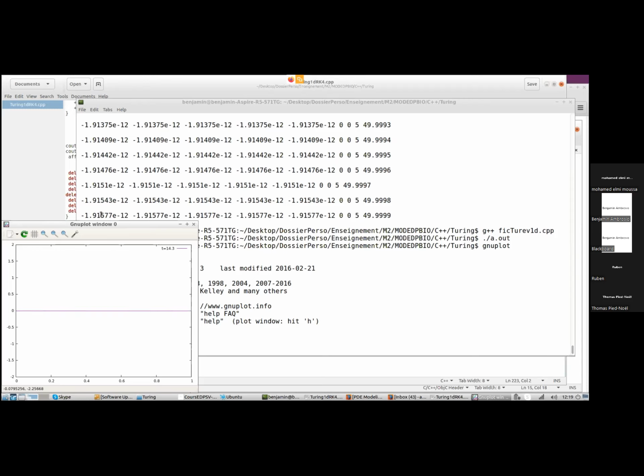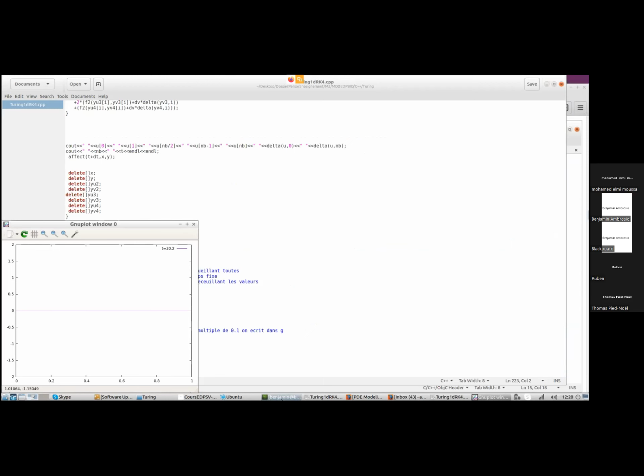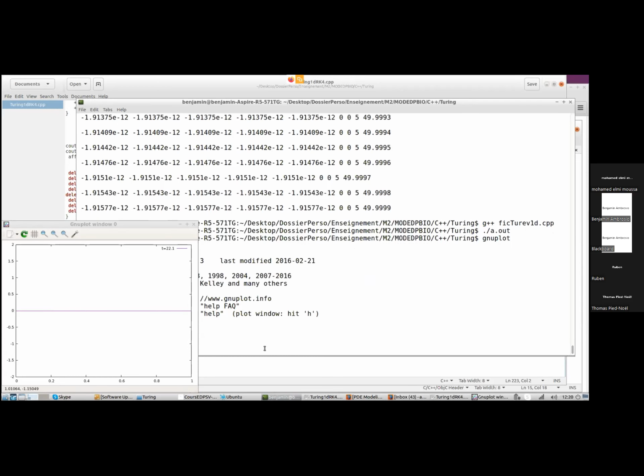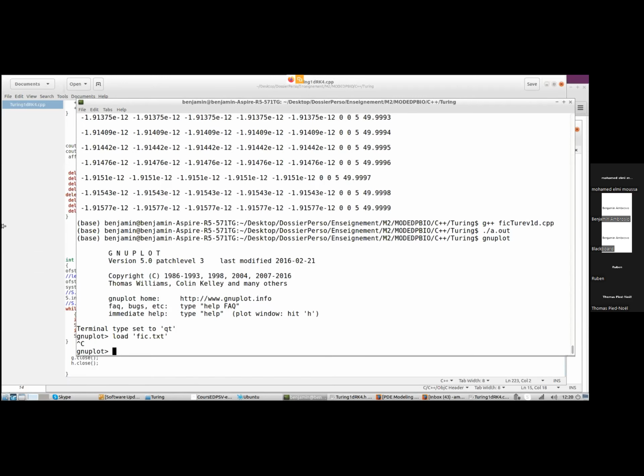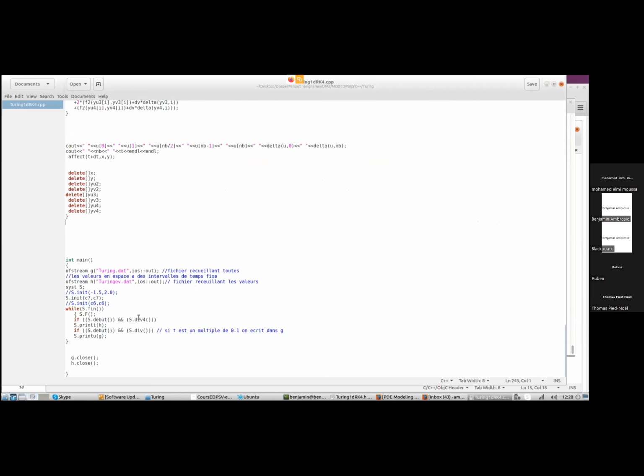So I'm still decreasing my sigma, and according to the theory, when I reach a value of sigma small enough, there is a change: the solution doesn't go to zero anymore.